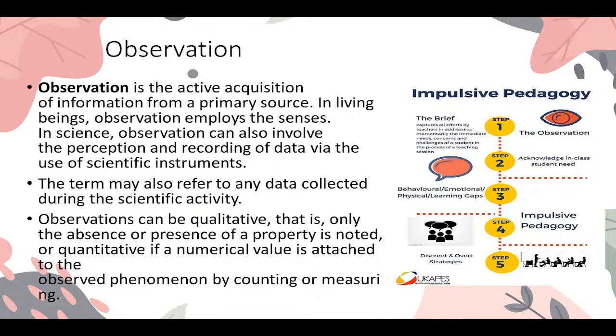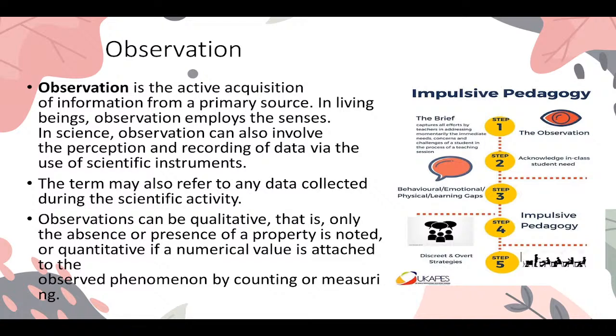So, observation. Observation is the active acquisition of information from a primary source. In living beings, observation employs the senses. In science, observation can also involve the perception and recording of data via the use of scientific instruments.